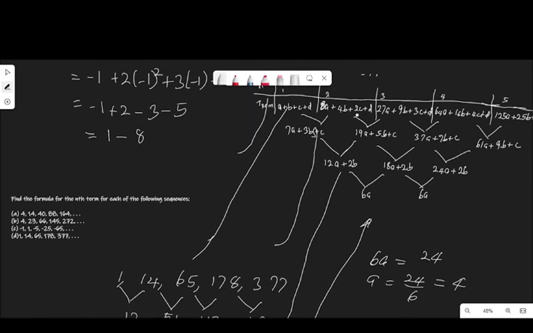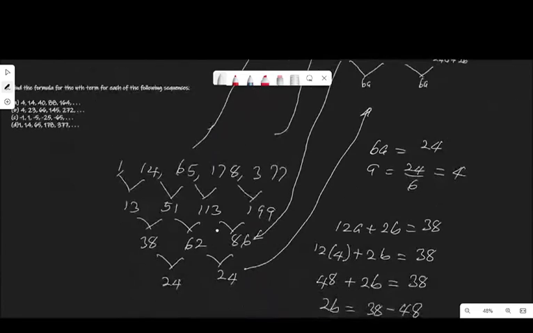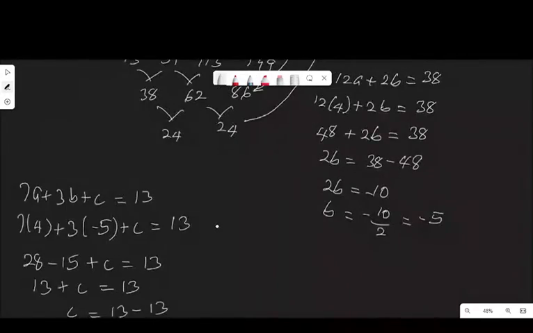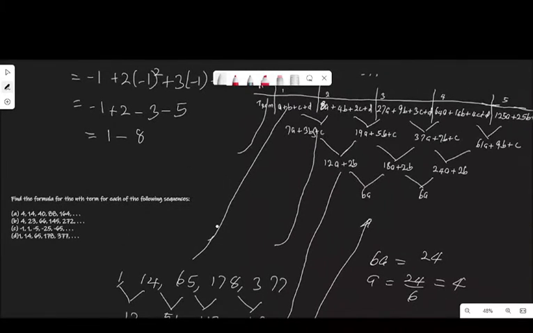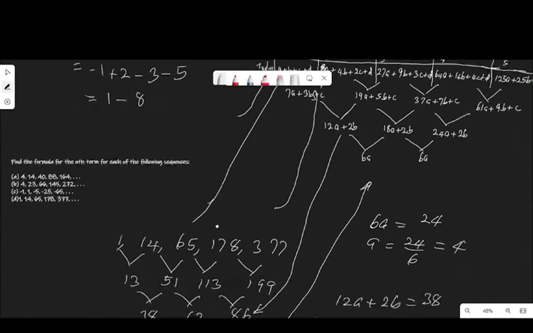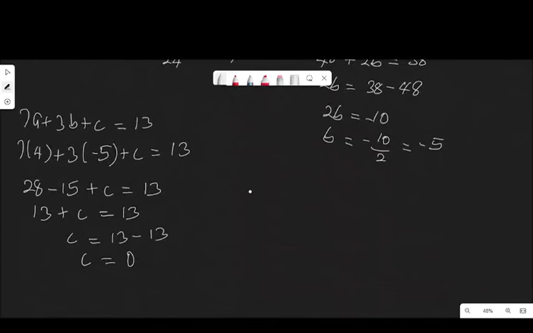That sequence is supposed to be 1. a is 4, b is minus 5, c is 0, and d is what we are looking for.